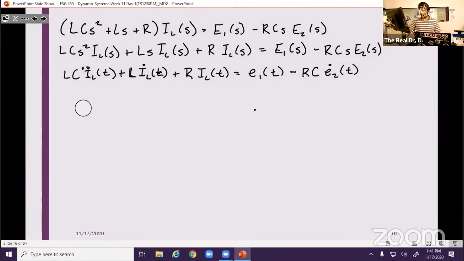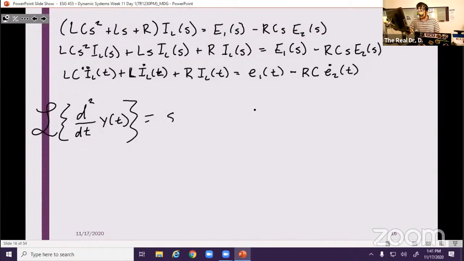All right. So we know that, in general, if we take the Laplace transform of this, this is equal to s squared Y of s minus s Y of 0 minus Y dot of 0. That's the general form for a second derivative.